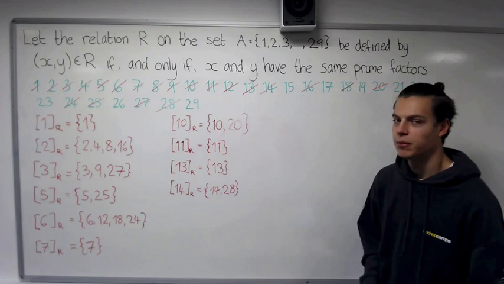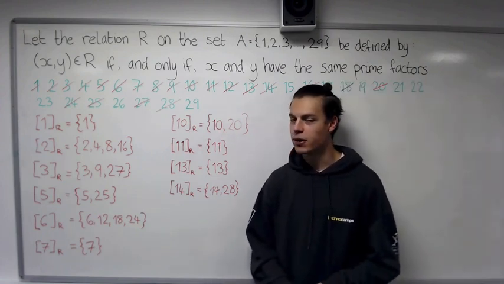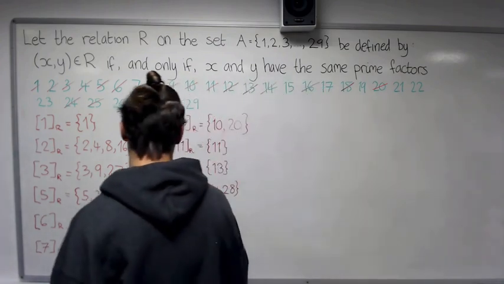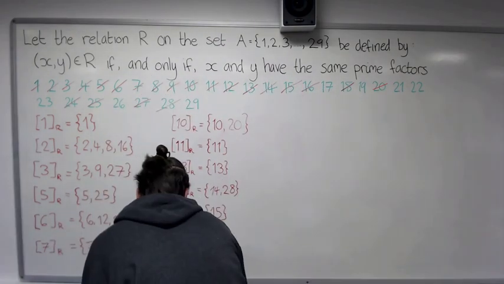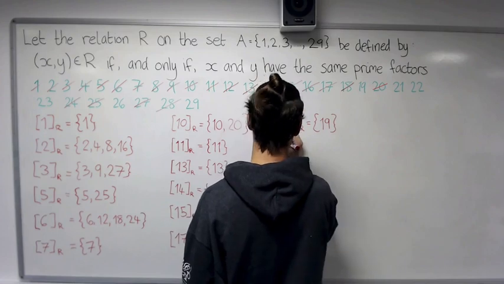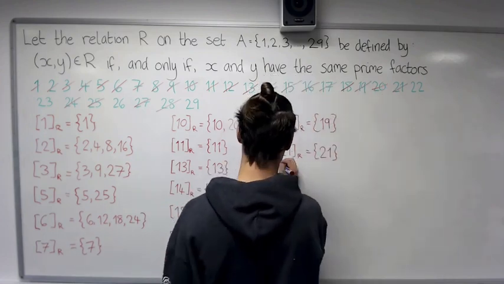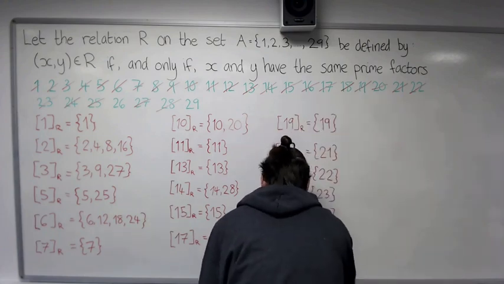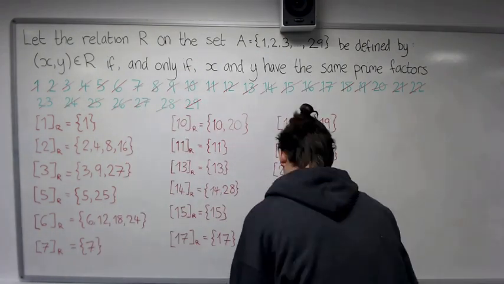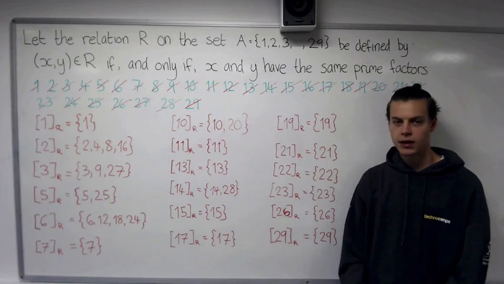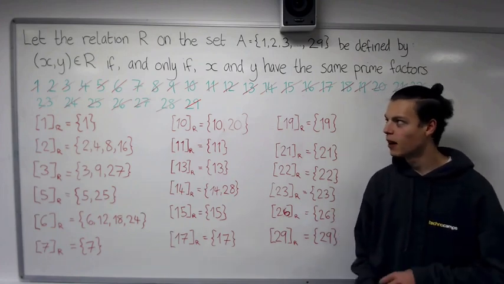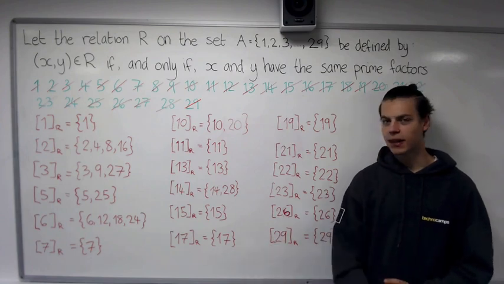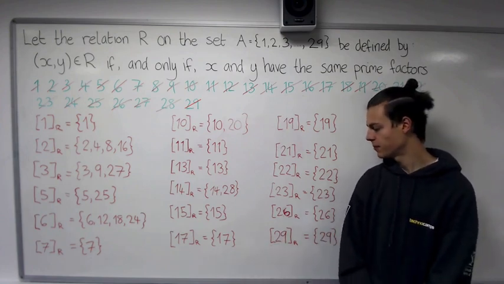So the remaining numbers must each have their own equivalence class consisting of just themselves. Now we have completed our list and we see that R partitions the set A into 18 distinct equivalence classes.